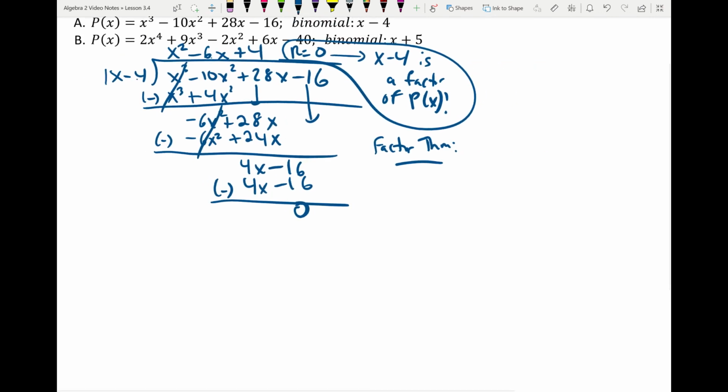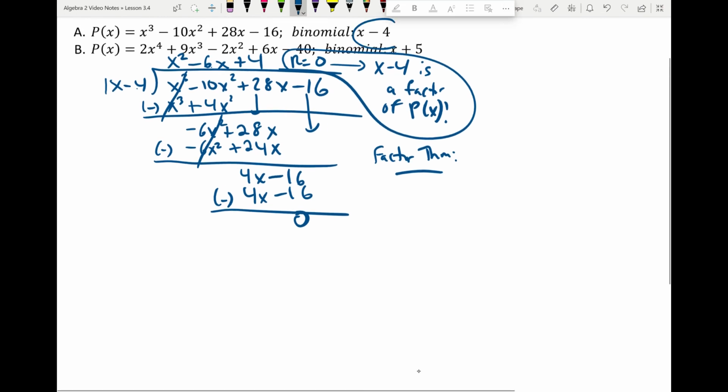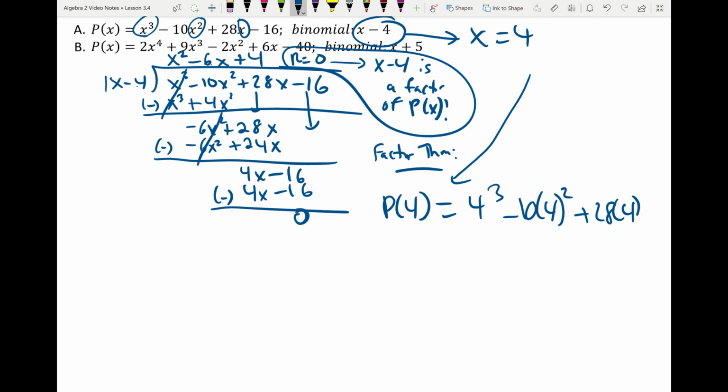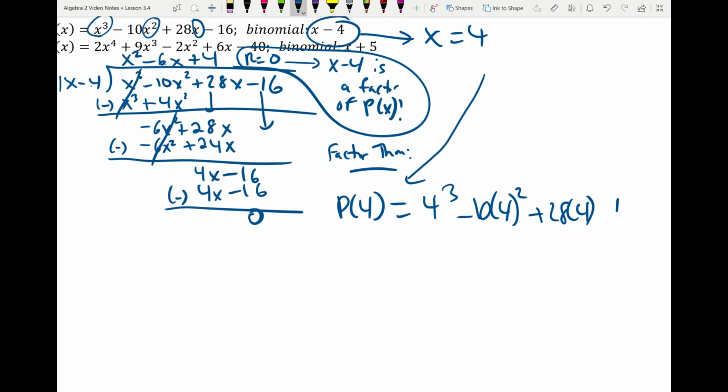So for the factor theorem, we're going to plug in, so our binomial is x minus 4 here. That means we're going to plug in x is equal to 4. So plug it into our polynomial, p of 4. So we've got 4 cubed, minus 10 times 4 squared, plus 28 times 4, and then minus 16.